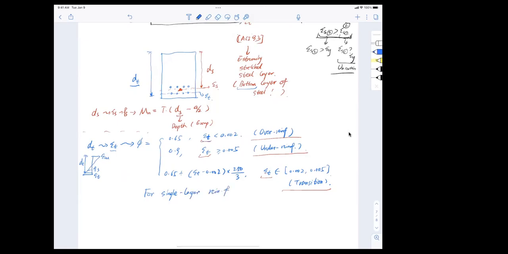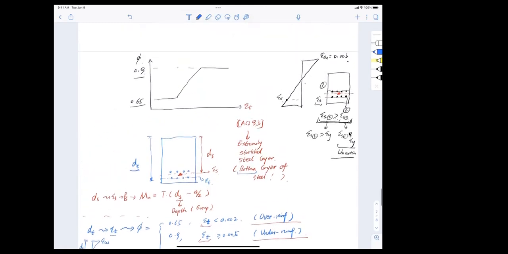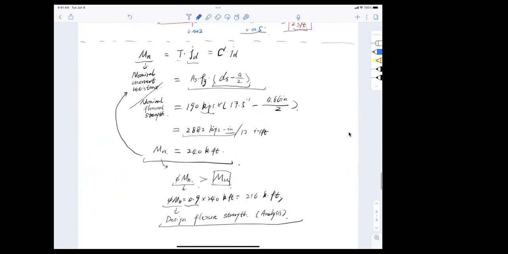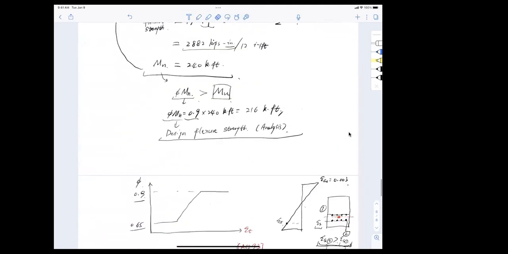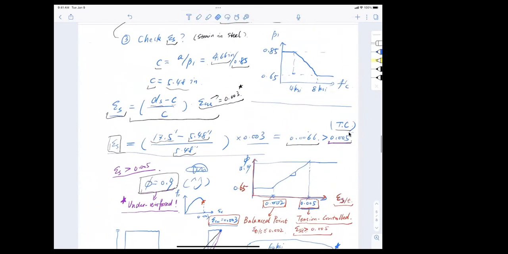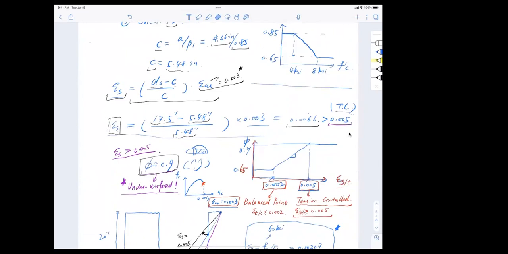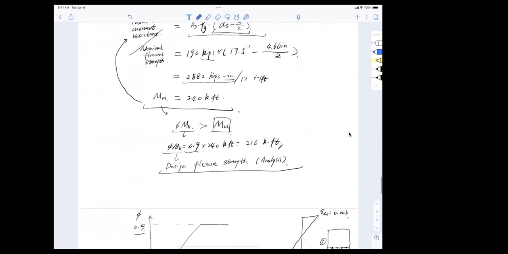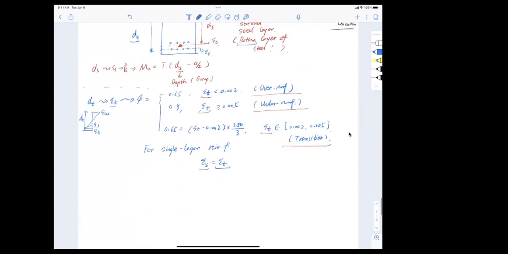We got lucky because only under this condition, the strain in the steel epsilon S is equal to epsilon T. Hence, I cleverly put epsilon S slash T. That's why I was able to do this, because they're the same for one layer of reinforcement. So we get by, we're fine.